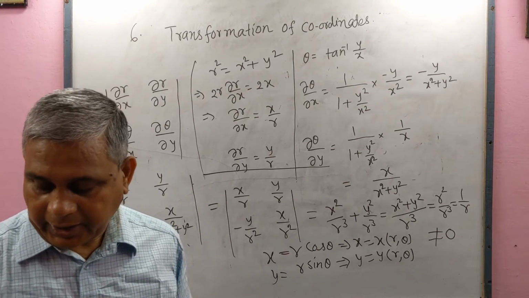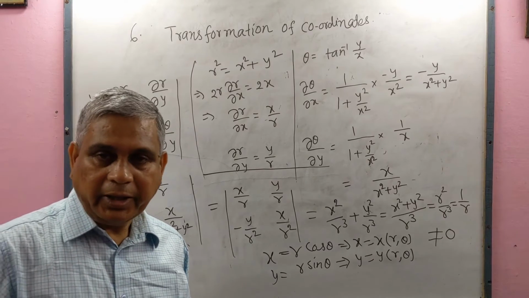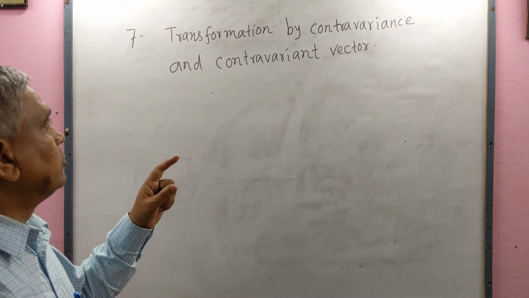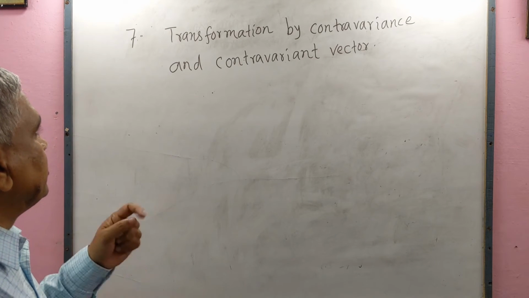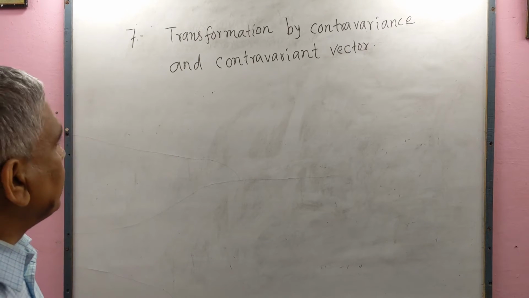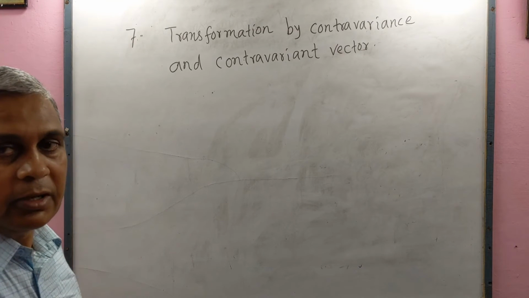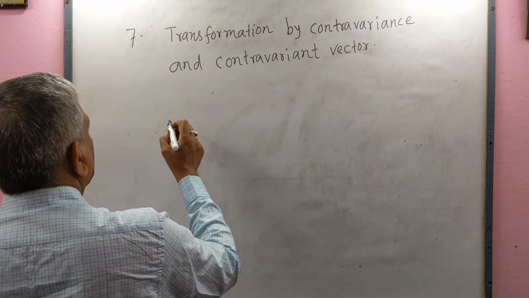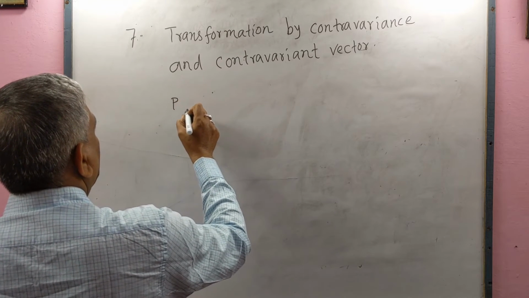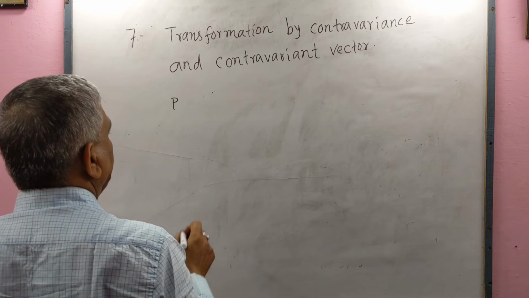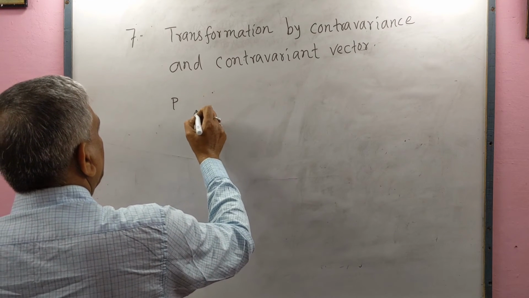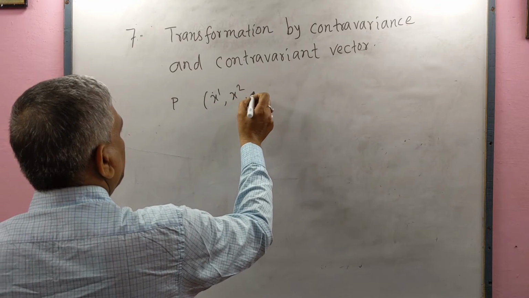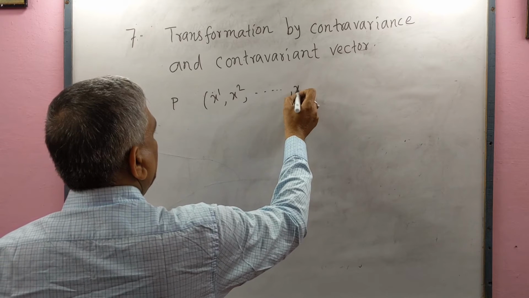Our next idea is transformation by contravariance and contravariant vectors. Now we will discuss the transformation by contravariance and contravariant vector. Let the coordinates of a point P in the x system of coordinates be x1, x2, xn.